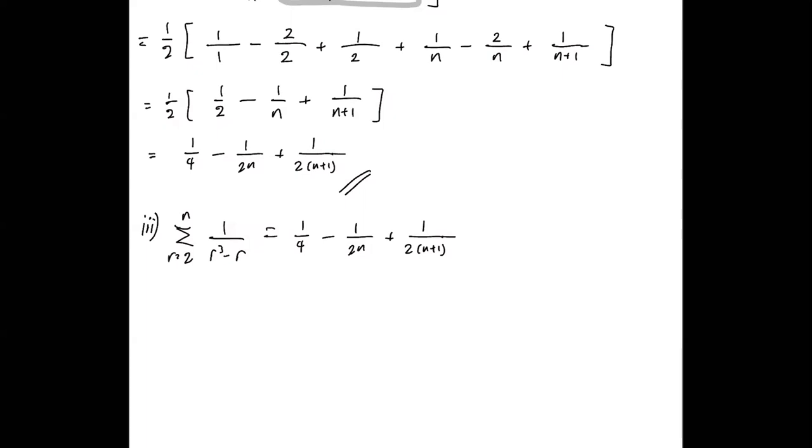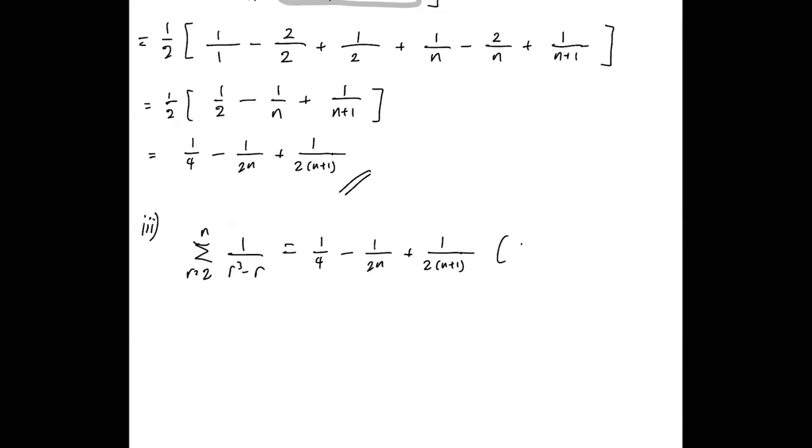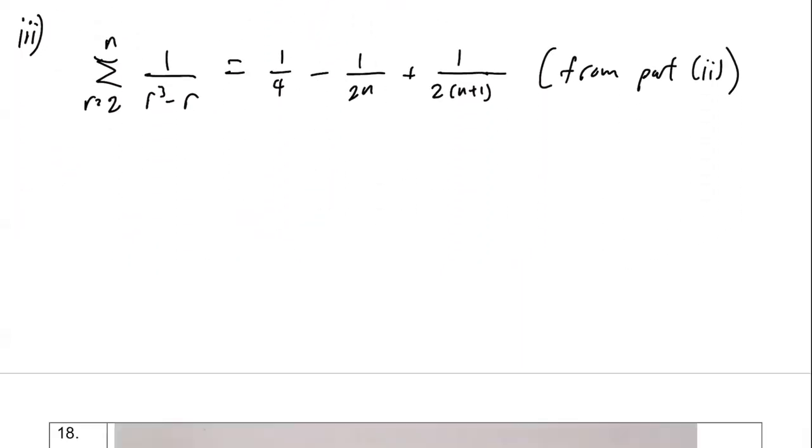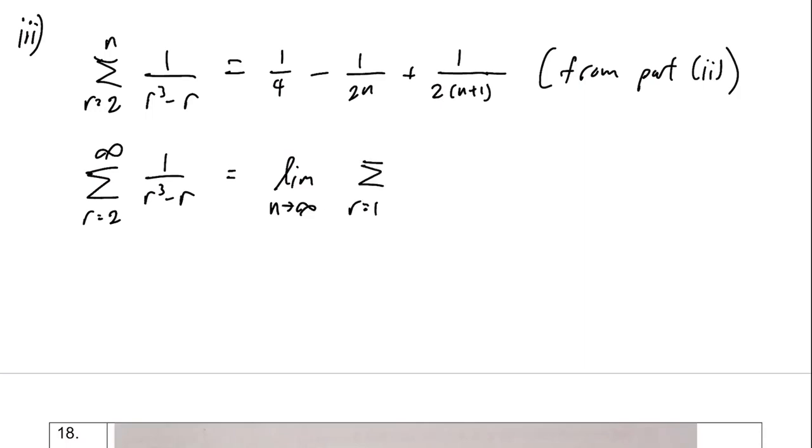Then we can mention this is from part 2. That means that we can now consider the sum to infinity of 1/(r cubed minus r). It's just the limit as n goes to infinity of the summation from r equals 1 to n of the left-hand side expression 1/(r cubed minus r).